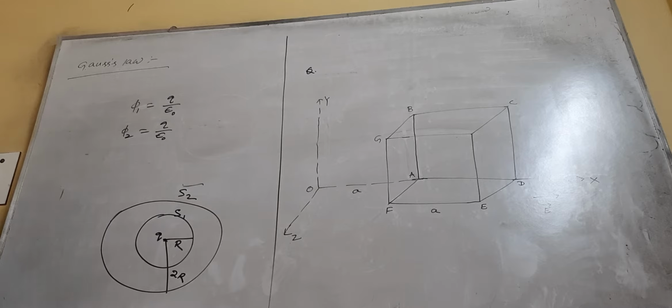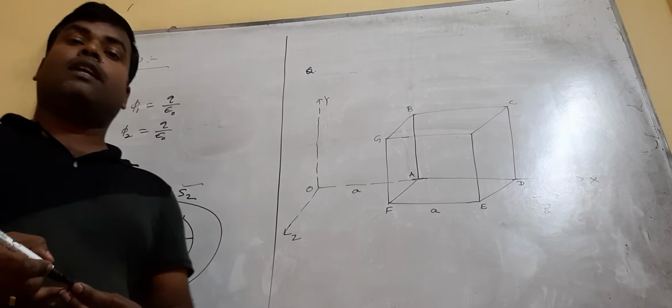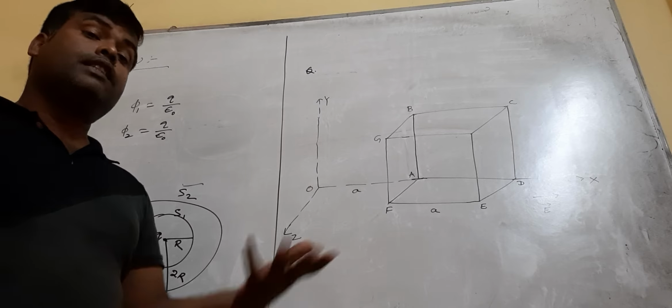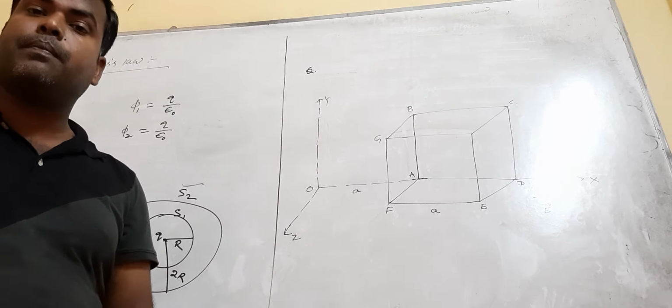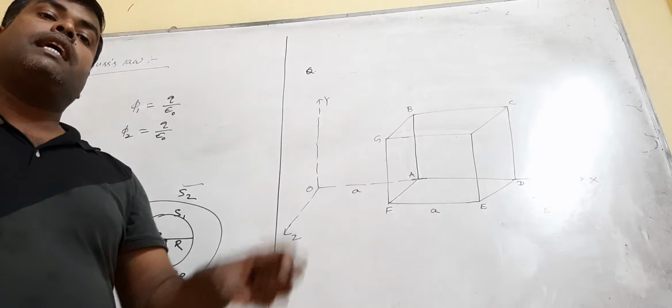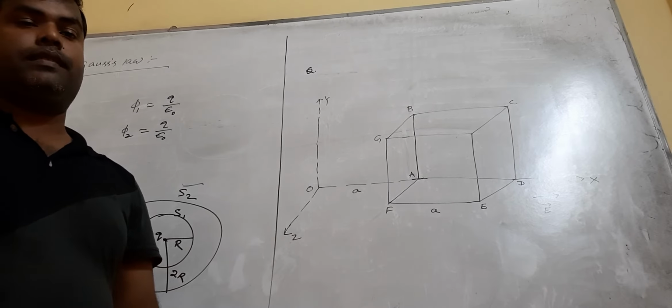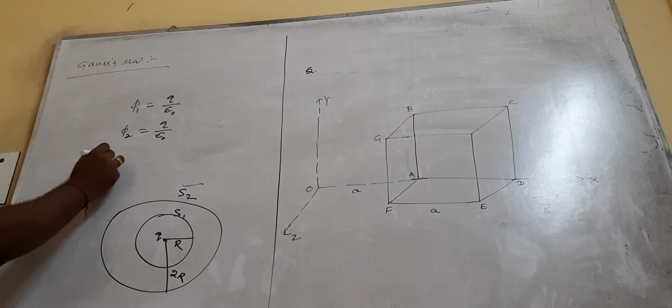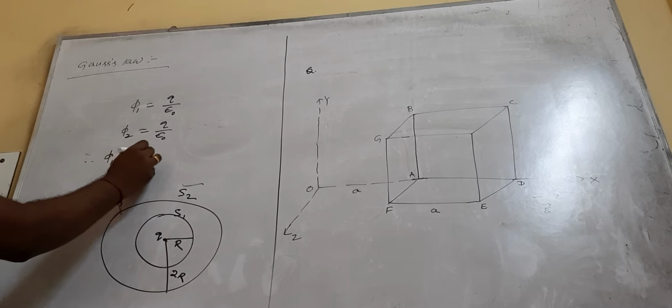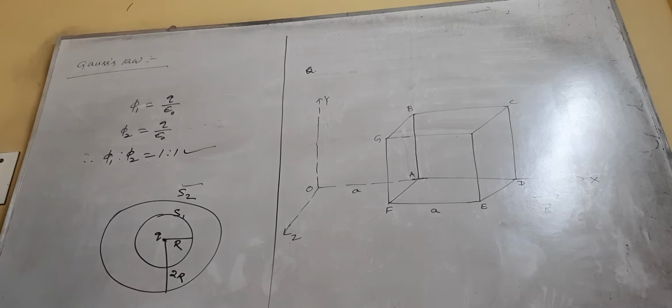This Gauss law doesn't depend upon the nature or the size of the surface. It depends upon the net charge enclosed within the surface. So the ratio phi 1 to phi 2 is 1 to 1.